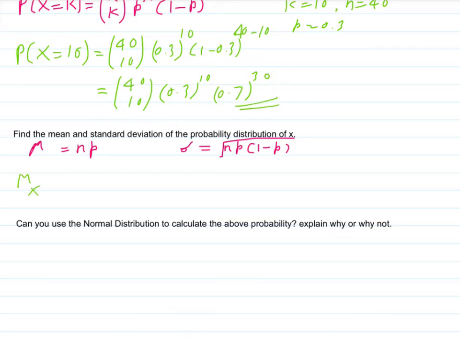Mu X equals np, n equals 40 and p equals 0.3, therefore 12. That is the mean. Then the standard deviation: np we already know is 12, so we plug it in, times 1 minus 0.3, and take the square root. You will get the answer 2.898.